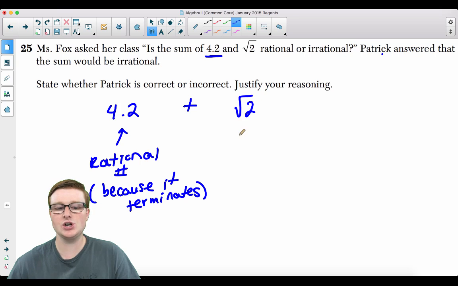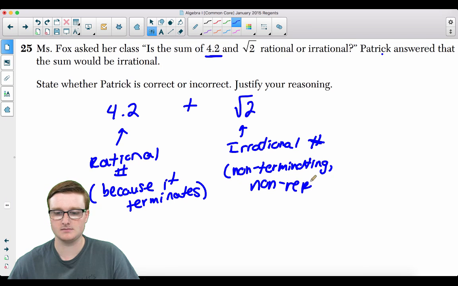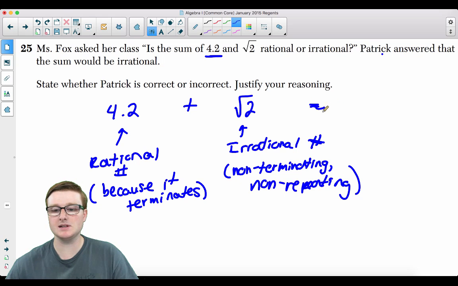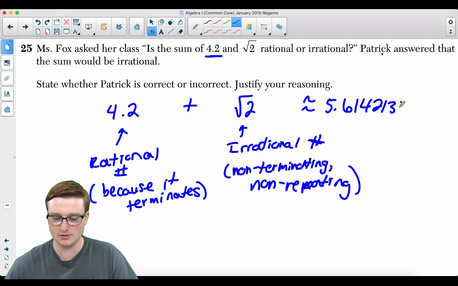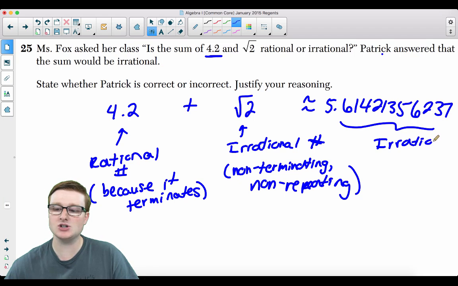Now, radical 2 is an irrational number because it is non-terminating, meaning it never ends, and it's non-repeating, meaning that it doesn't repeat anywhere. And if you were to type this into your calculator, this is approximately equal to 5.61421356237, and of course, this number is irrational. So, is Patrick correct? Of course he is.